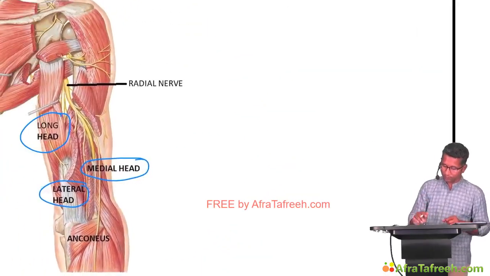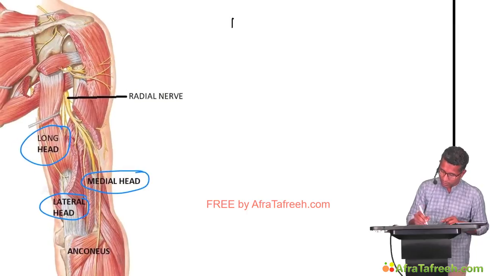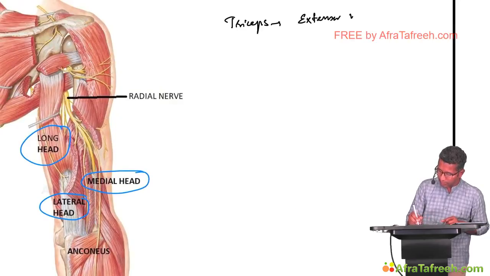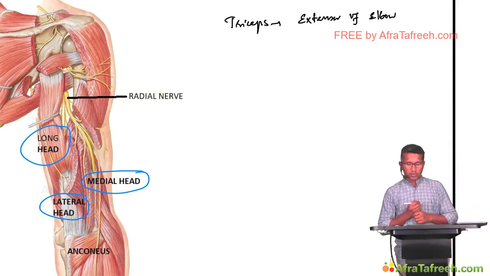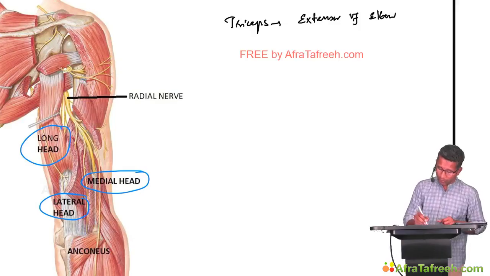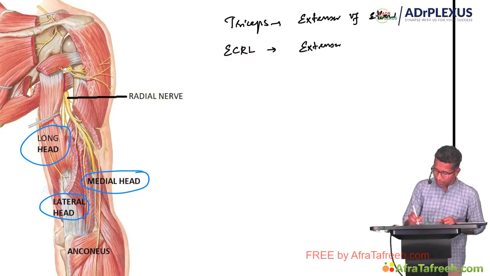Triceps is the extensor of the elbow joint. Next, extensor carpi radialis longus is the main extensor of the wrist joint.